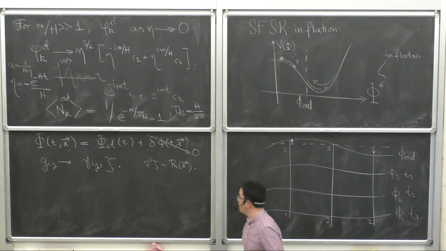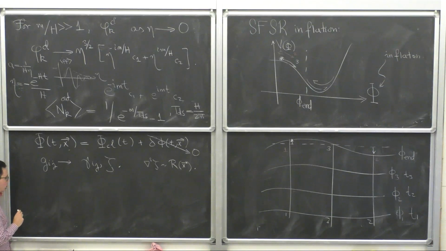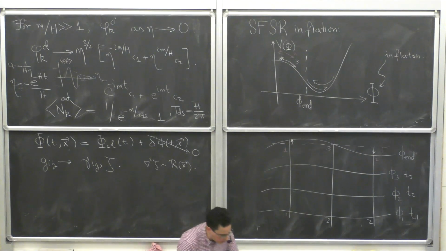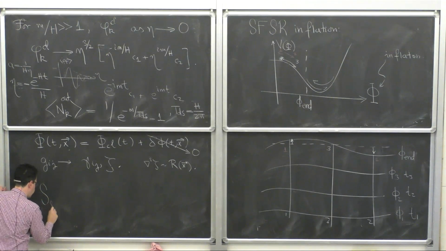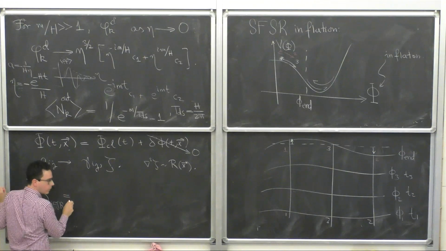Gamma ij is the gravitational waves, right? So let's do... Yeah, maybe I need to write. Let me write the action of a single field. So the simplest action that you can write of single field slow-roll inflation is the following.